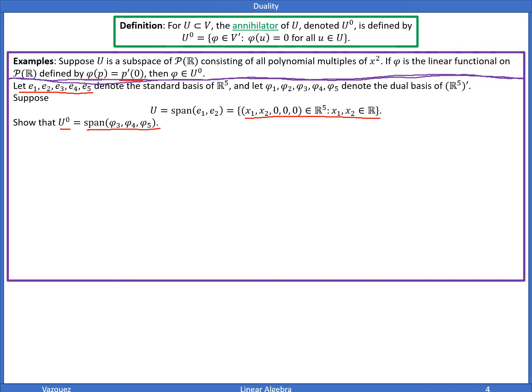But now, looking at this next example, which is the interesting one, we have e1 to e5 denoting the standard basis of R5, and phi1 to phi5 being the dual basis of the dual space. We're defining U to be the span of e1 and e2, meaning the two-dimensional plane in R5. Then we're going to show that the annihilator of U is equal to the span of phi3 to phi5, those three other vectors in the dual basis.